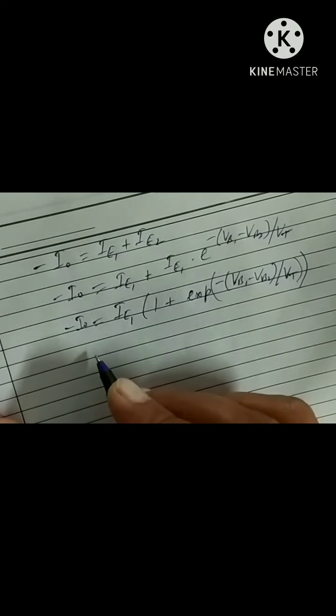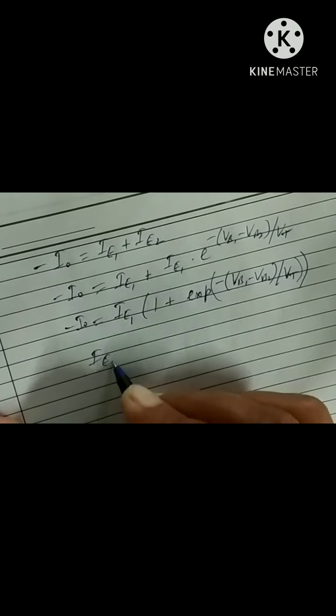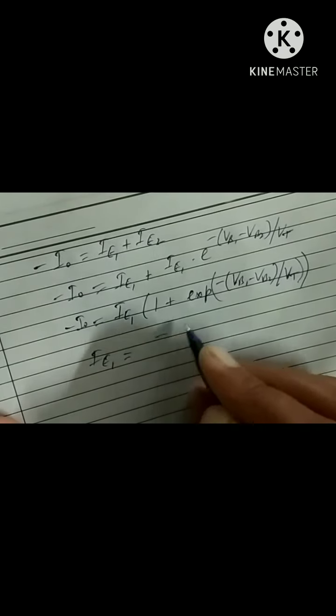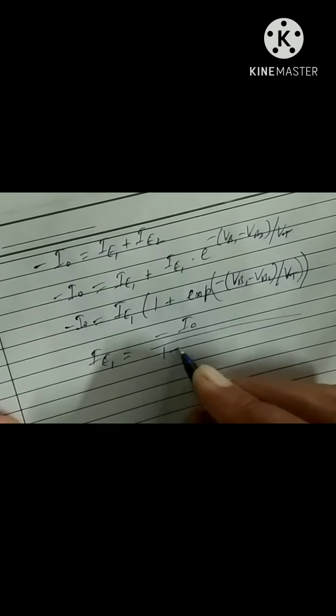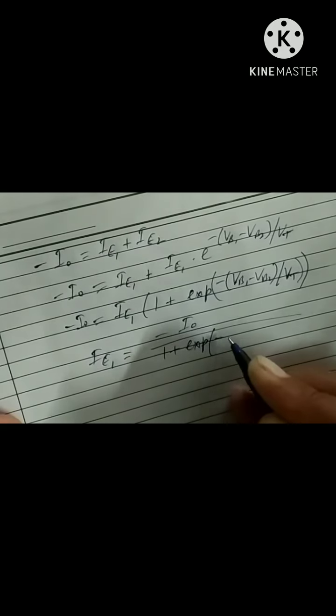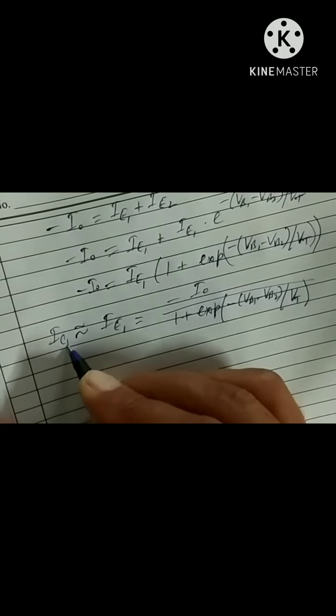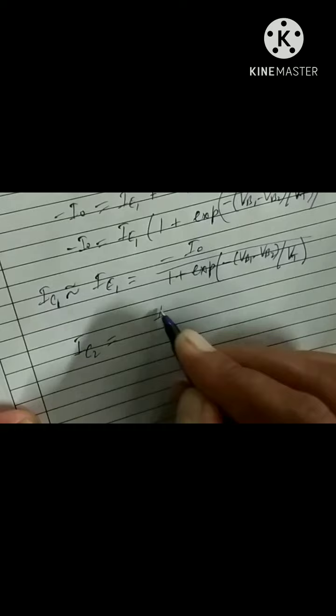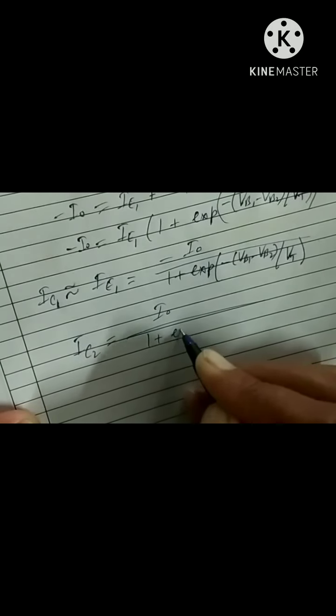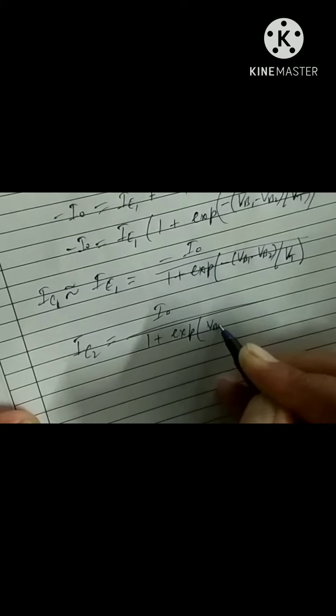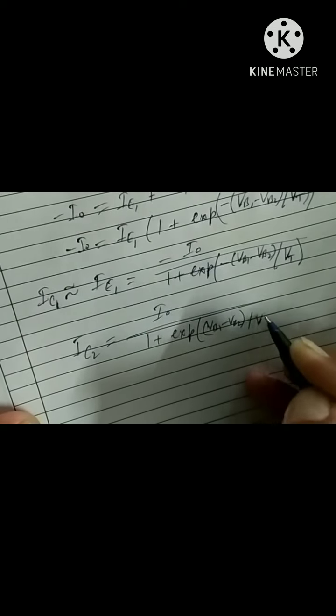This is minus I naught. So we can evaluate IE1 is equal to minus I naught divided by 1 plus exponential minus VB1 minus VB2 divided by VT. So this comes out to be the value of IE1, which is nearly equal to IC1. Similarly, the IC2 will come out equal to I naught by 1 plus exponential VB1 minus VB2 by VT.